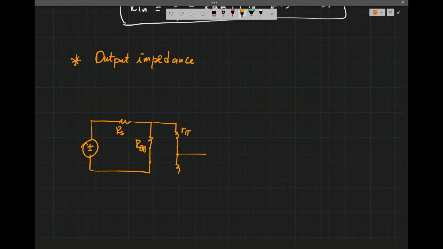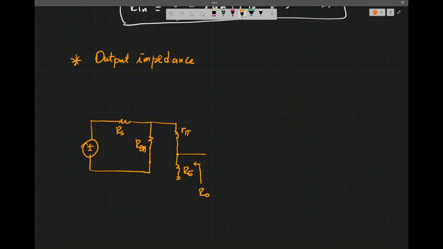So we have RE, and remember that we do not account for the load. When you find the output impedance, we don't account for the load, so the output impedance is looking this way, with the load not included.